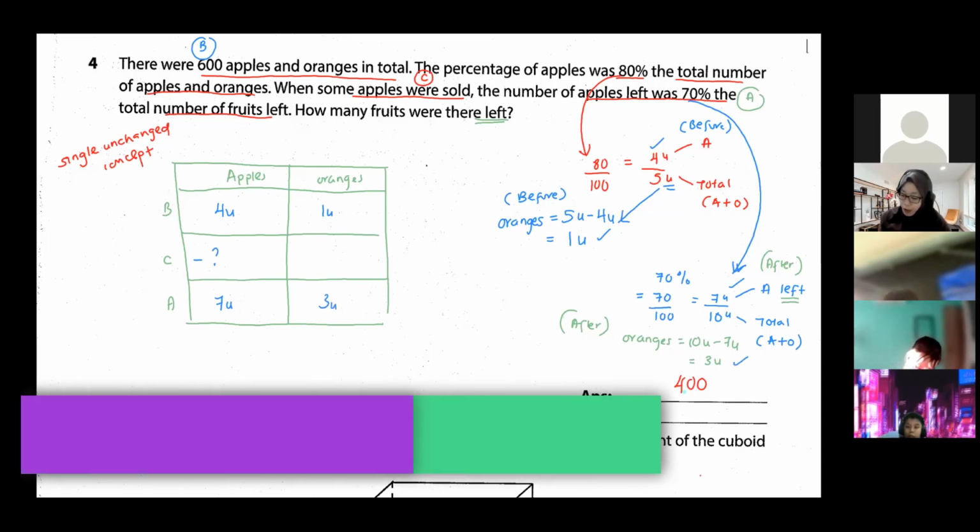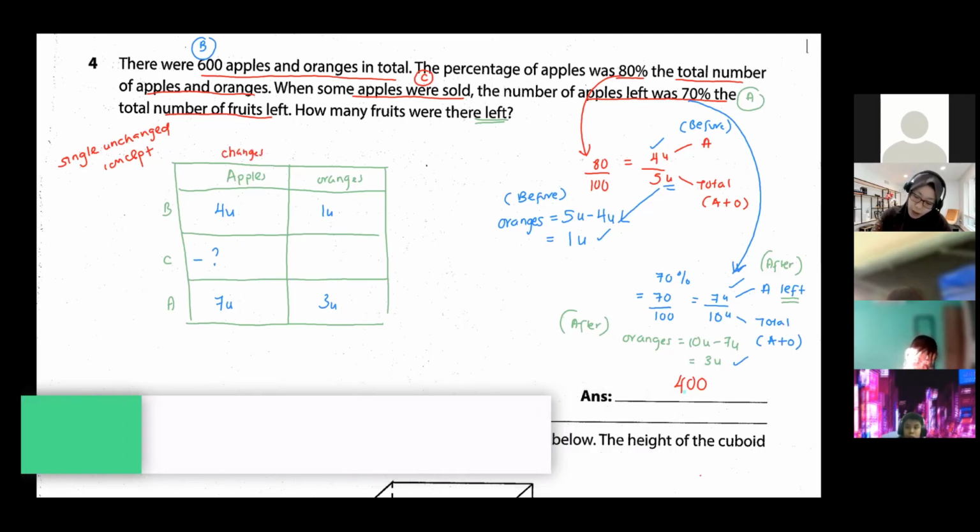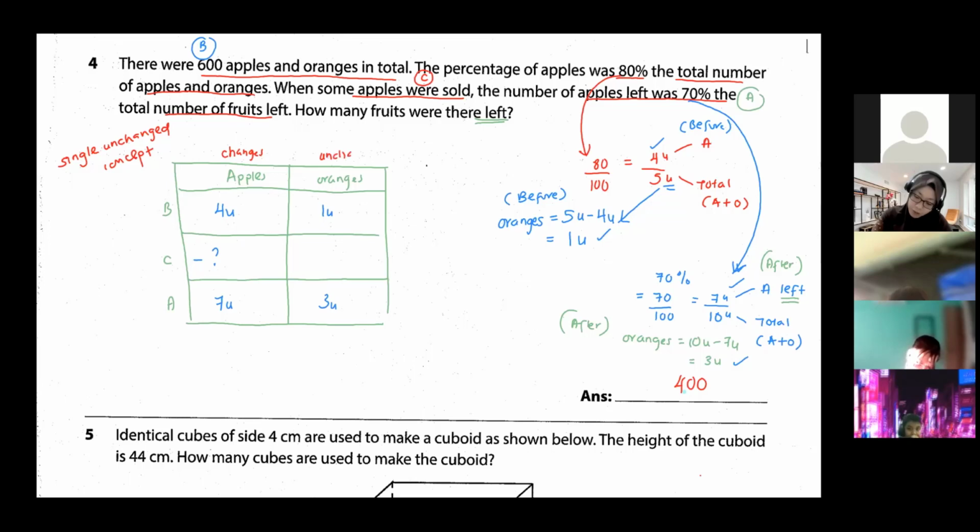Okay, I want to bring you to attention. You know that apple changes. This one is unchanged. For a single unchanged concept, the one that is unchanged, the before and after will be the same. Now you focus on the unchanged portion, which is orange. You realize that it is not the same, right?